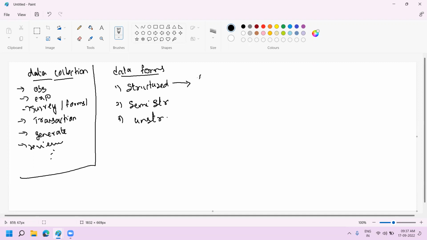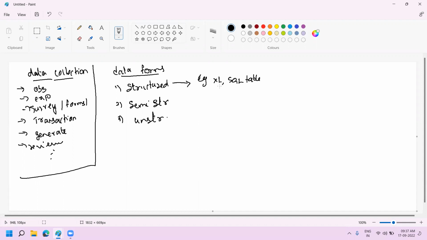Okay, I'll give you the example, then tell me the definition. Example of structured data is Excel sheet and SQL table. We cannot add anything new in the table. Why not?